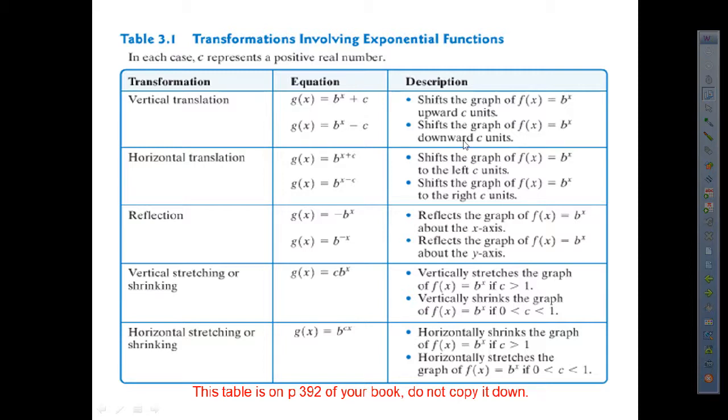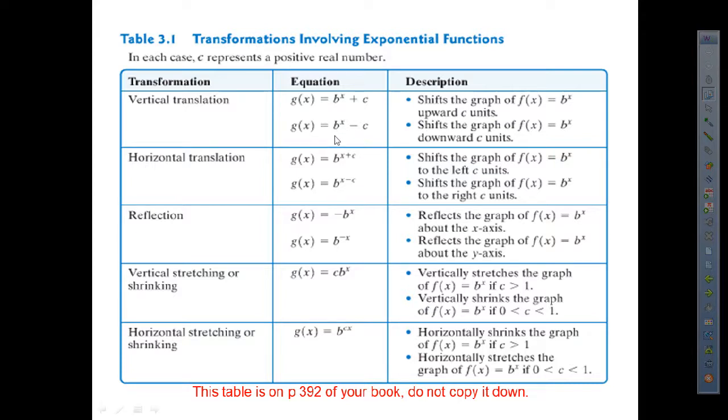All right, now I'm not going to go through all these because you guys are grown-ups, and if you look down at the bottom there, this table is on page 392 of your book. Do not copy it down. All these transformations, vertical translation, horizontal translation, reflection, it's the same thing we've been talking about since chapter 1 with those base graphs from the very beginning.